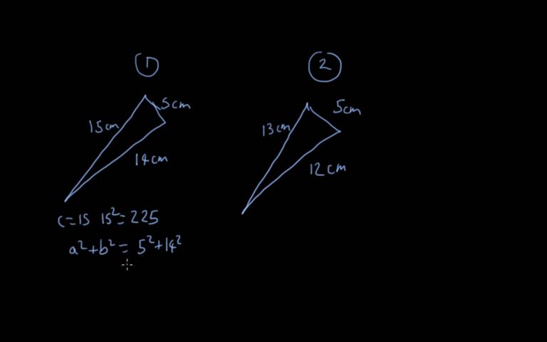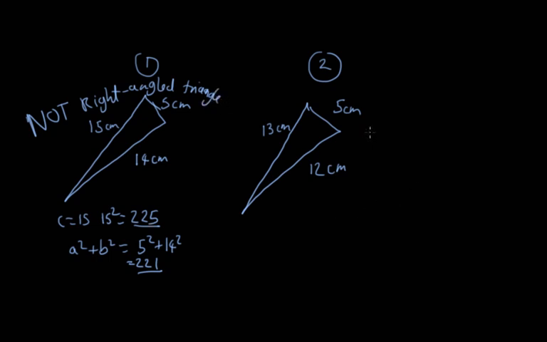Let's do the maths, and we get 221. That is not the same as 225, so this is not a right-angled triangle.